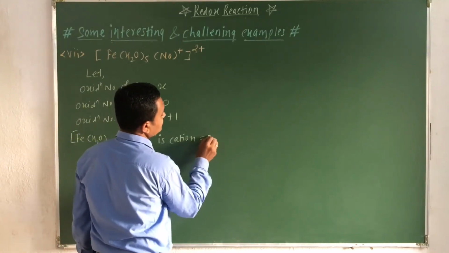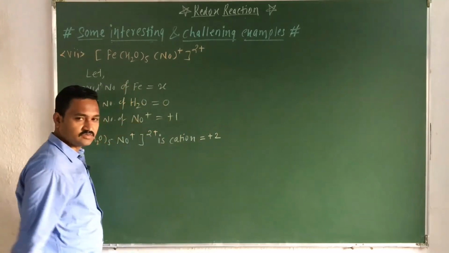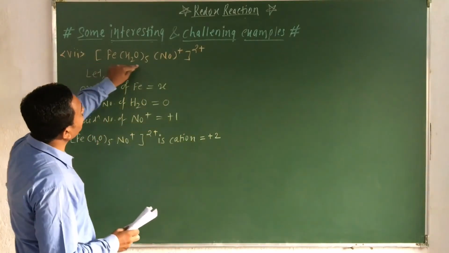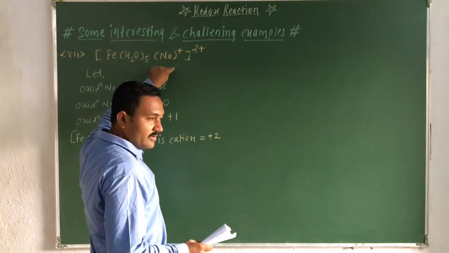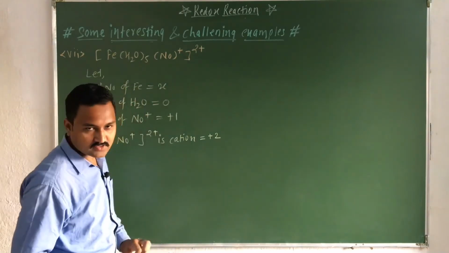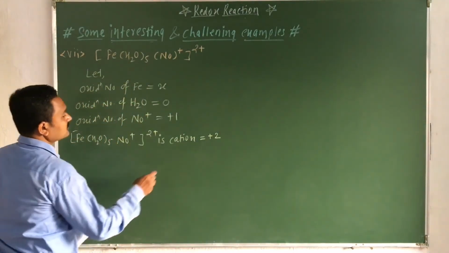Therefore the sum of the oxidation numbers of all atoms in the polyatomic ion equals the charge on it, that's it.